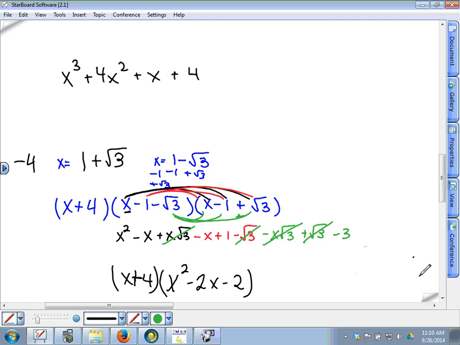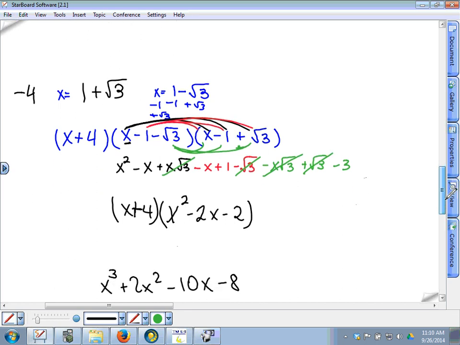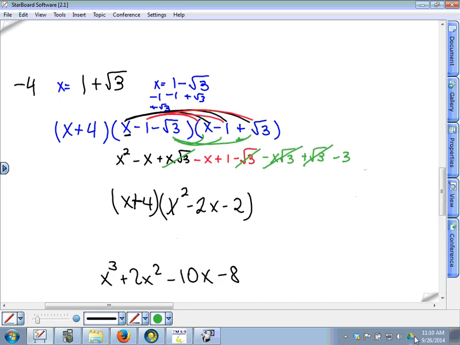So then it'd be positive 2. Yeah. Not what we're getting.